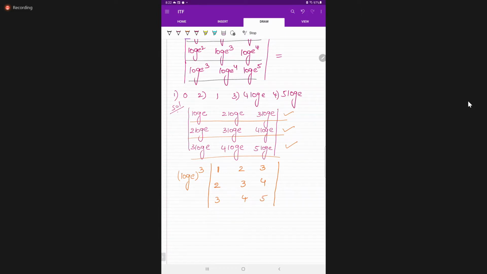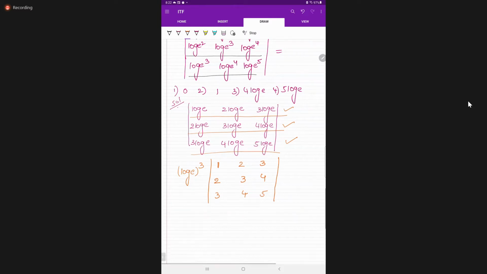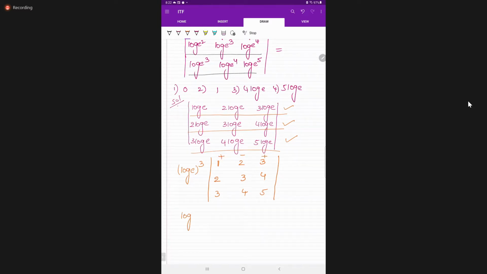Okay, now tell me, students. Expand this one: plus, minus, plus. Okay, log e value is always 1 only. Now you can write this also as log e whole cube. Now expand this one. 1 into 15 minus 16.